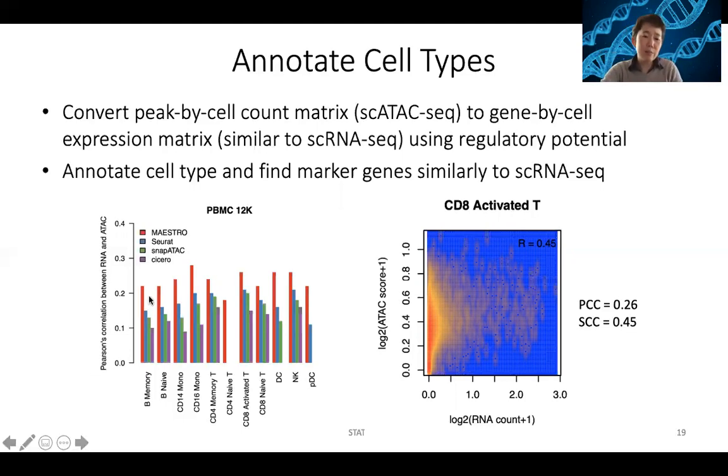So it's not perfect. I mean, we're only getting around 0.2 Pearson correlation. You can see here, this is one example. Each dot is 1 cell.